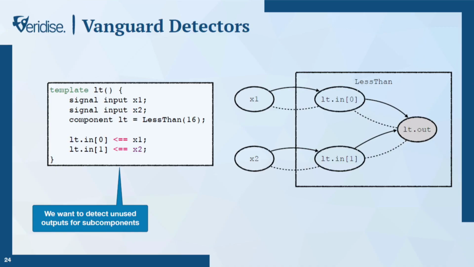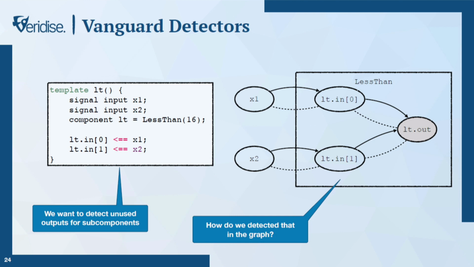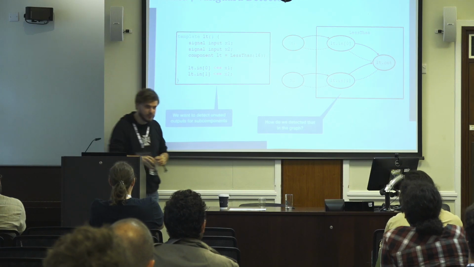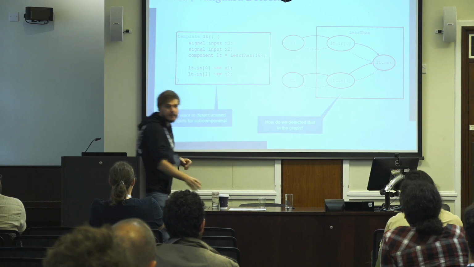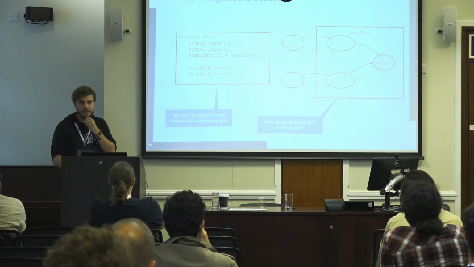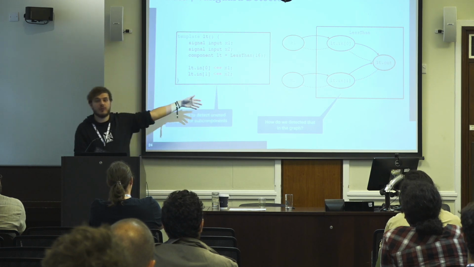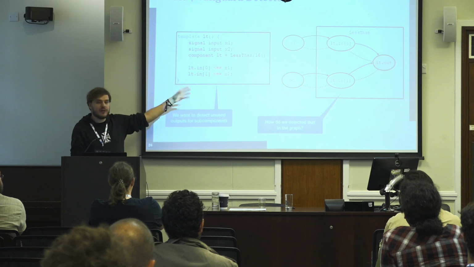So using this graph, thinking like the algorithm in Vanguard, how will we detect that we are using this component in a wrong way? The idea is, we know that the subcomponent has an output, but nowhere in the graph is that output constrained to something in the main circuit.